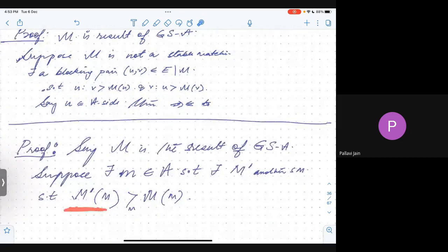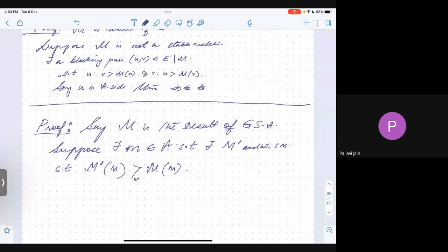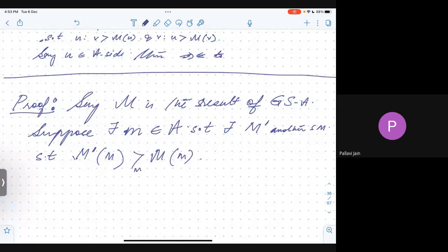Suppose this is true. Which woman? There are two matchings. Okay, consider W prime.